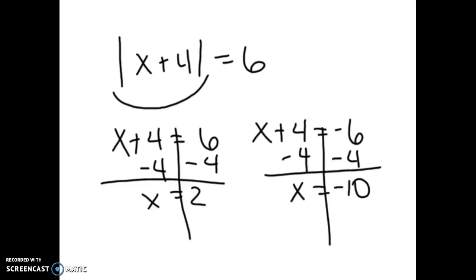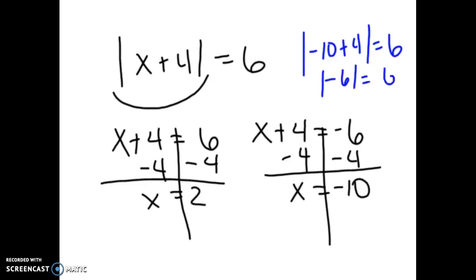Now if we want to check it to see if it works, we can put it back into our equation. The absolute value of -10 plus 4 is equal to 6, and -10 plus 4 is -6, and the absolute value of -6 is 6. So yes, they are equal.